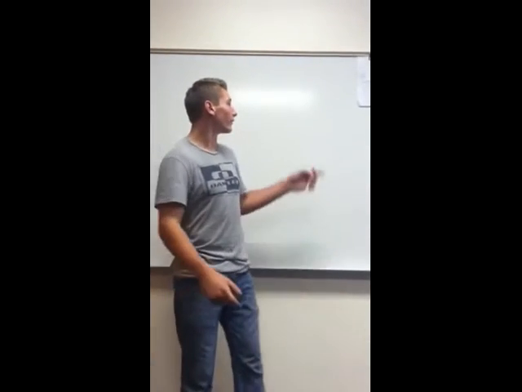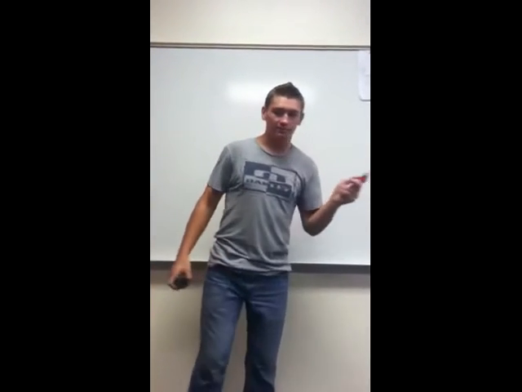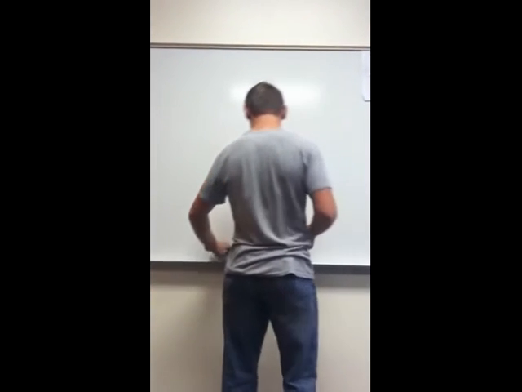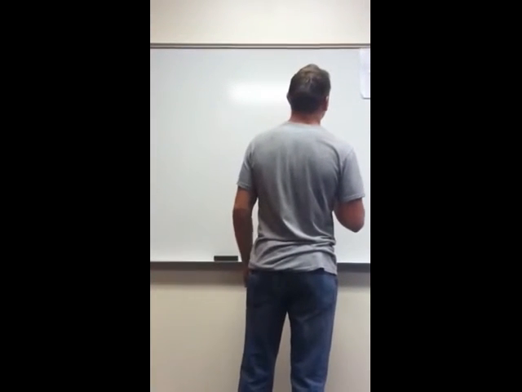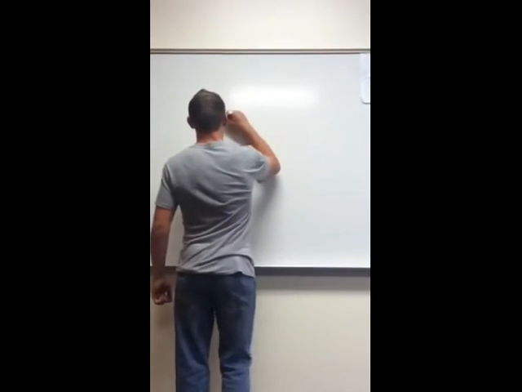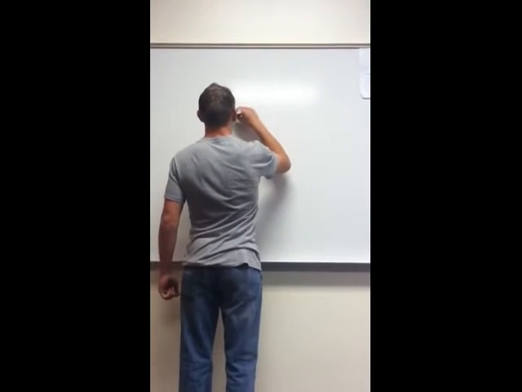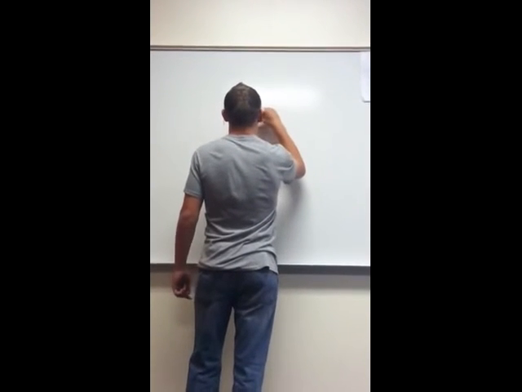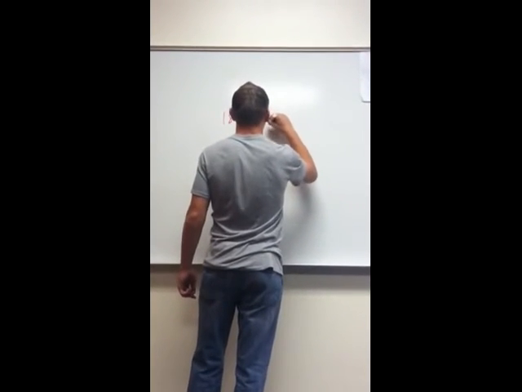So for number 4, it's going to be harder than the ones we've done before because it has more numbers. The problem is 18 is greater than or equal to 2x minus 4.